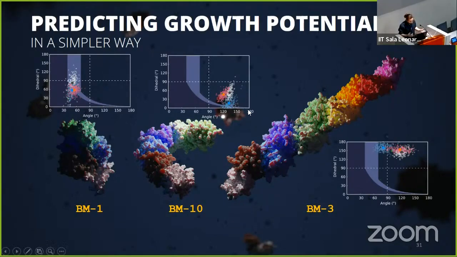Similarly, but with dihedrals very low, we have this behavior which produces funny helical growth, since while the angle is high, the dihedral is not. This pipeline we developed is also completely general, so it can be applied not only to beta 2M, but to other proteins as well. So now we have a protocol which allows us to predict the potential to grow of any potential structure.